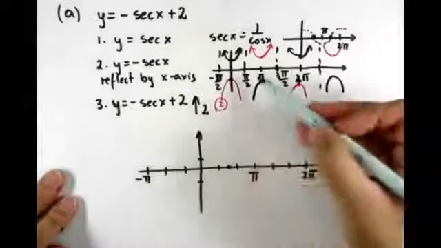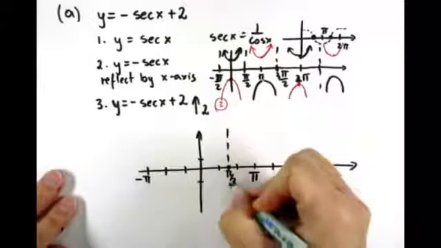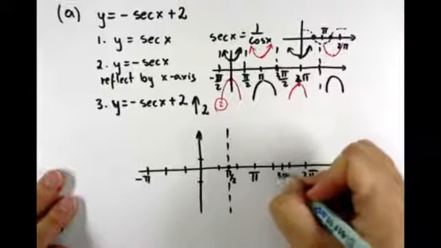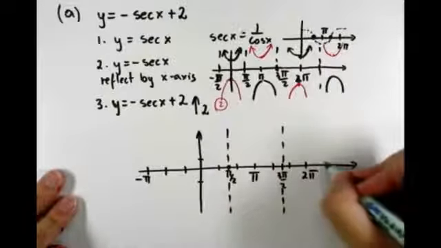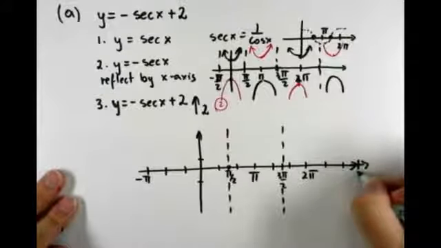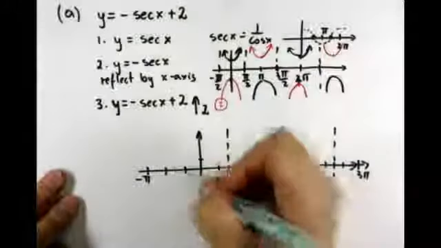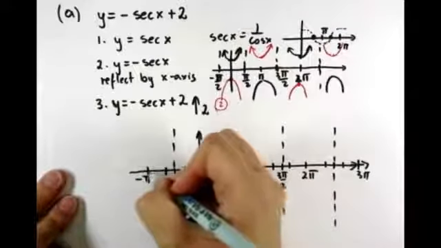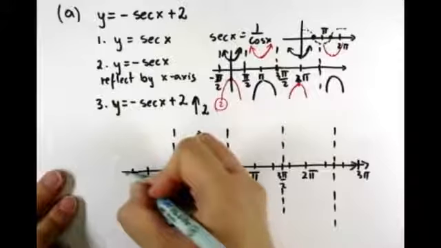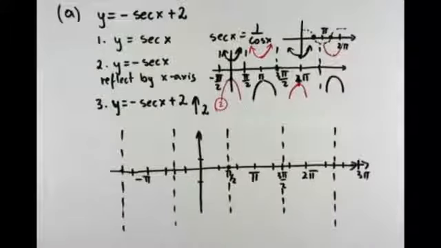So we know that asymptotes are at half pi, so pi over 2, I'm going to draw the asymptote. 3 pi over 2 is another asymptote, and in the middle there is another asymptote, and in the middle another asymptote. Okay, so now I'm going to start with the red graph, graph number 2.